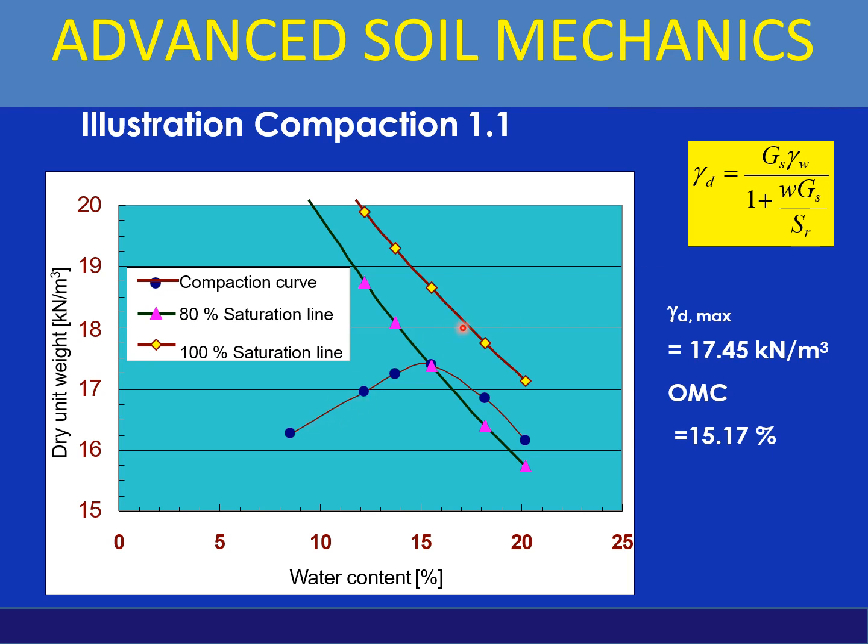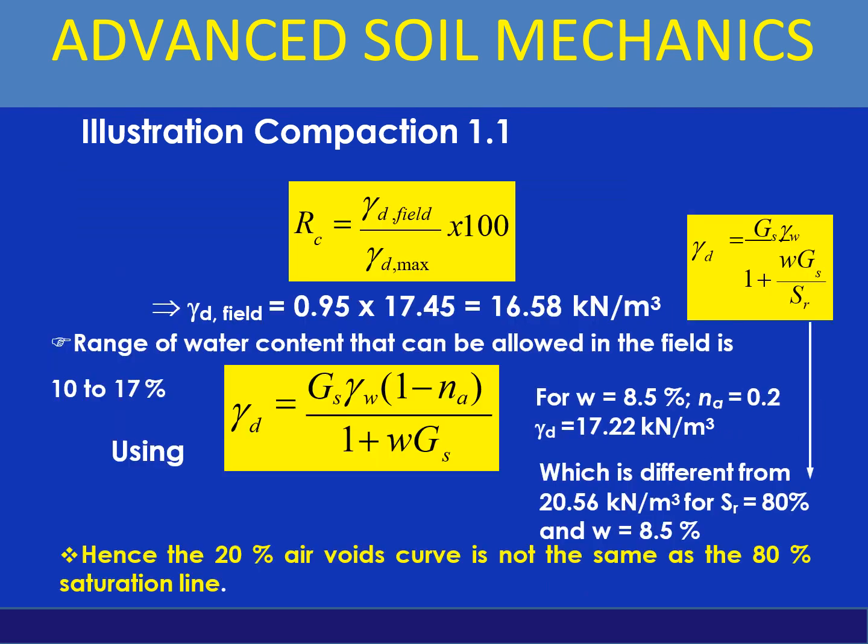So from the compaction curve, we have got the gamma D max 17.45 kilonewton per cubic meter and OMC 15.17. So relative compaction, our gamma D field, that is 95% of gamma D max, so that is this one.